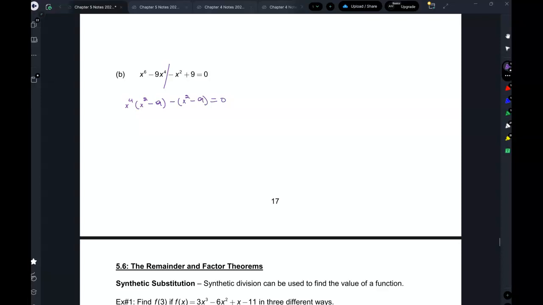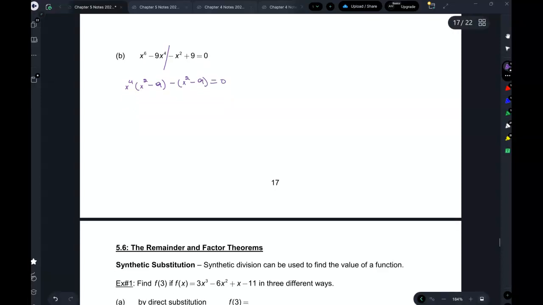Never drop that equal to 0. So the term that's the same is x squared minus 9. Let me write it over here. What terms remain? X to the 4 minus 1. Minus 1. Good. There's a 1 here, an imaginary 1 equal to 0.